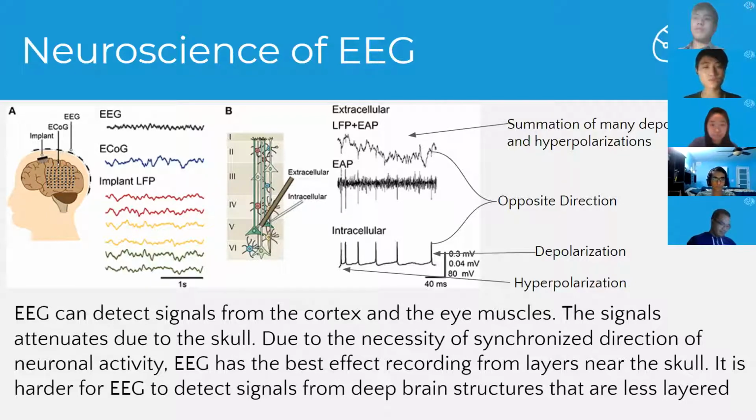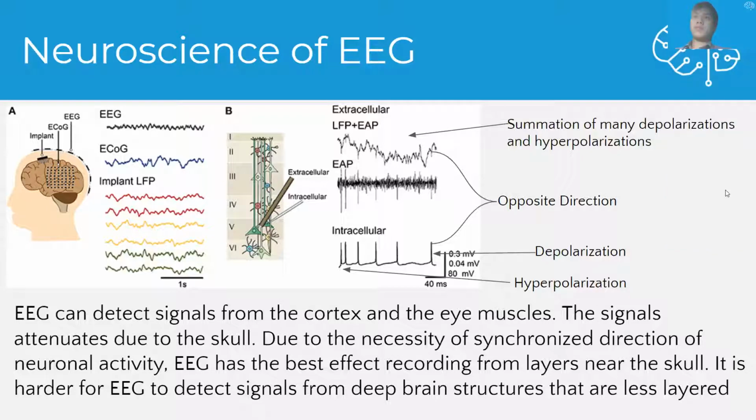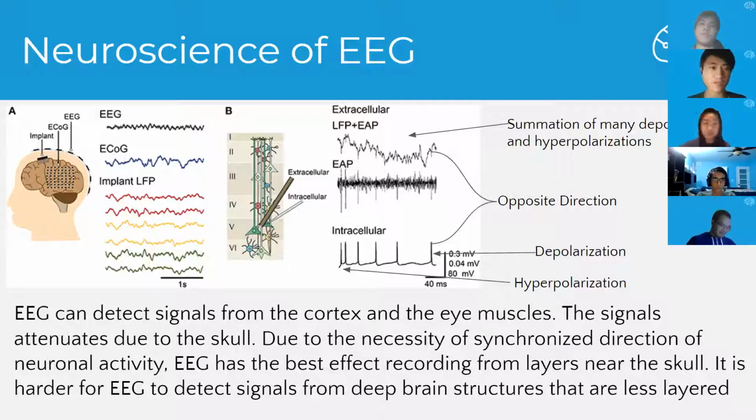This is due to the fact that as electrical signals travel through the skull, they get attenuated, meaning different signals get interfered with and noise is introduced. Because of that, it is best at picking up neurons that are parallel to each other and that are firing in synchrony, facing toward the skull.